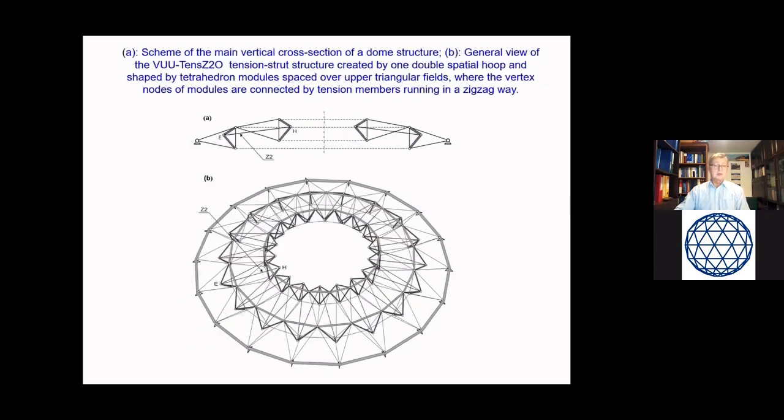The next group of such systems is created by application of the doubled form of the spatial hoops, and one example of it is presented on the slide. The vertices of the tetrahedral modules are joined together by relatively long cables, and together with other tensile members, they create a huge double form of the concentric hoop.